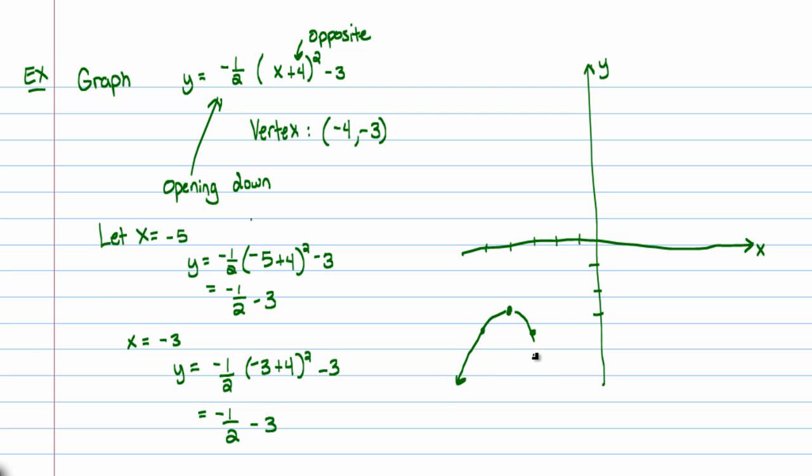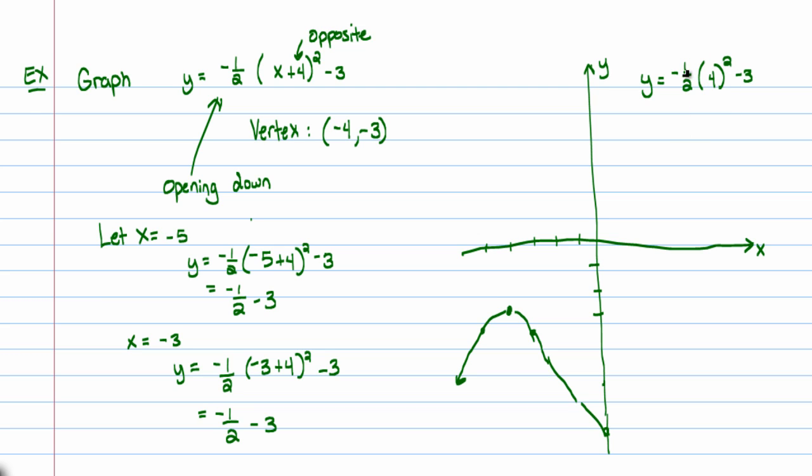It would be nice to find the y-intercept. To find the y-intercept, you let x be 0. So you scroll down quite a bit here. Hopefully you eventually hit the y-axis. It's a parabola, so you will eventually. If you let x equal 0, you'll find that y is equal to negative 1/2 times 4 squared minus 3.